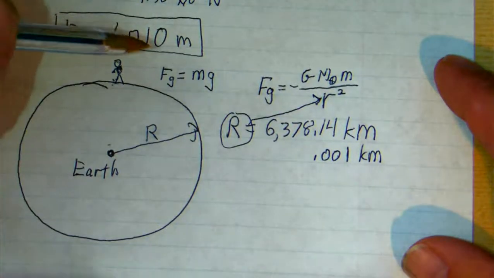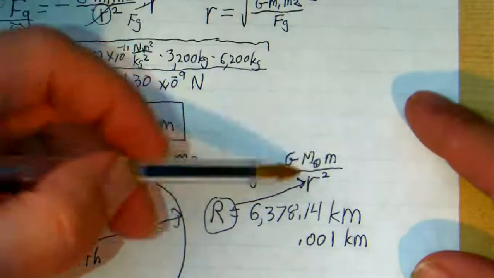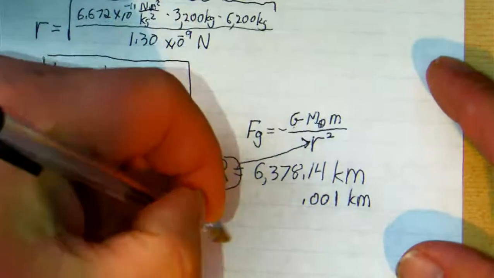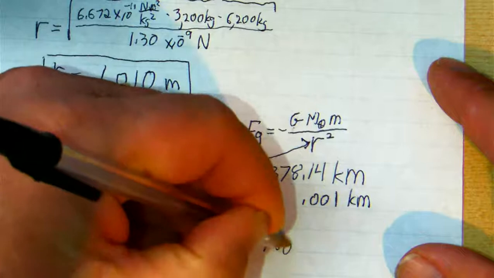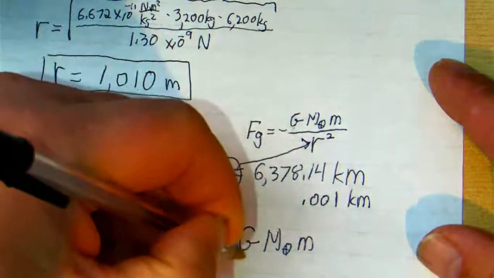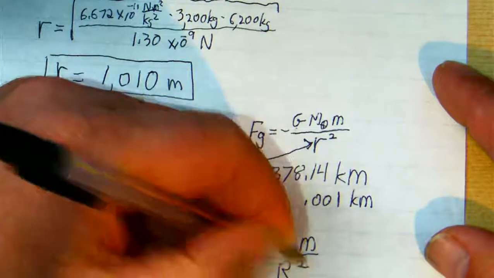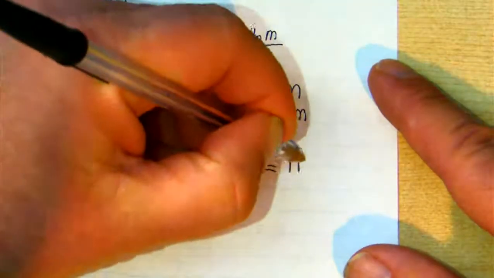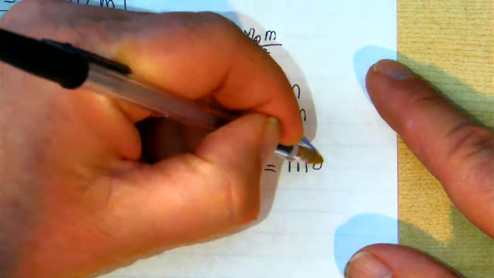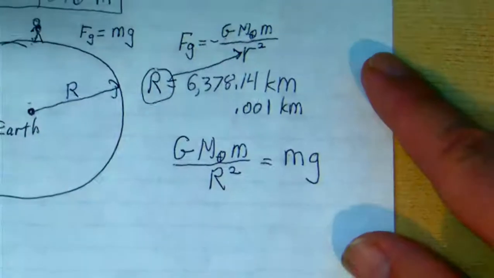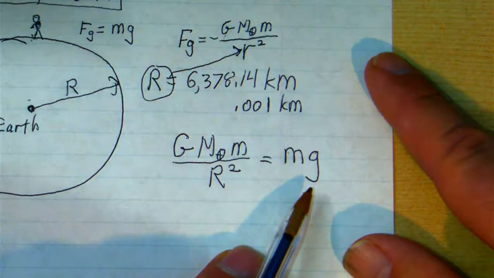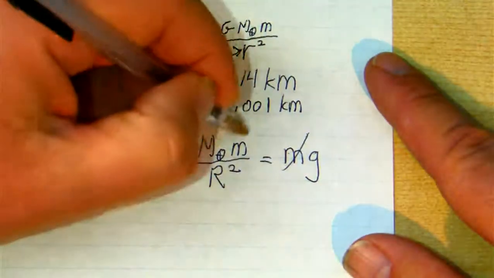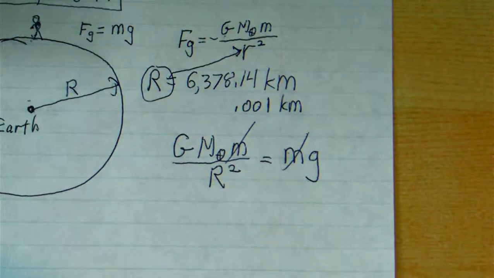So the point is, if this is how we calculate the force of gravitational attraction between you and the Earth, G, mass of the Earth, mass of you divided by the radius of the Earth squared, and this is the same thing as calculating your weight by multiplying your mass by the acceleration due to gravity on the surface of the Earth, setting these two equal to each other, your mass cancels out.